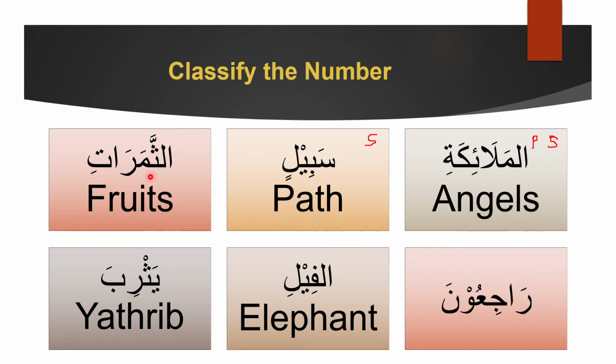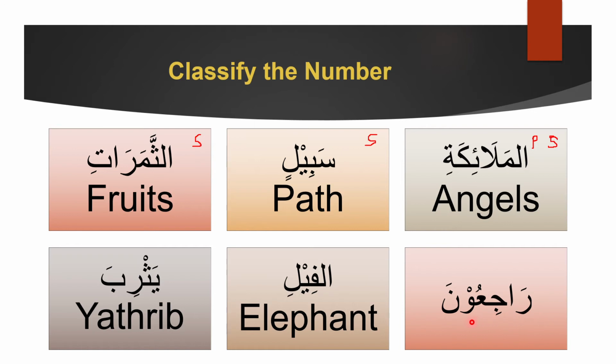Next, as-samarati. Okay, as-samarati, this is a plural word. Why? Because ati. But if you look at the meaning, we see that it means fruits. And fruits is a non-human thing. And non-human feminine plural, because ati is feminine, so non-human feminine plural is treated like a she, which means this is feminine singular.